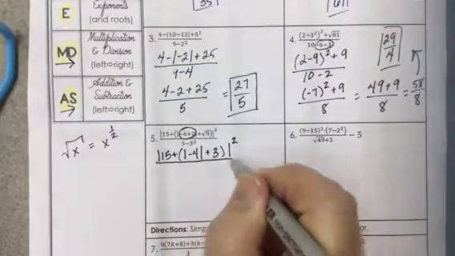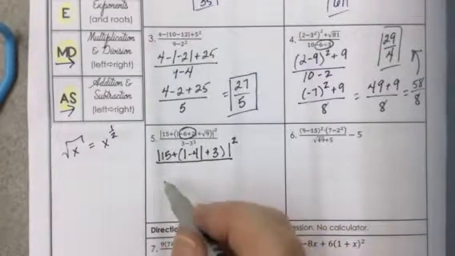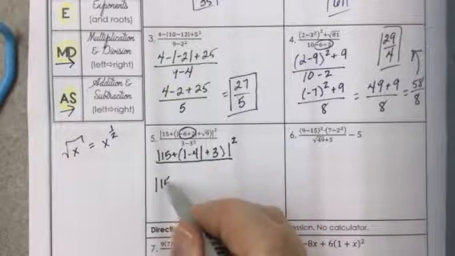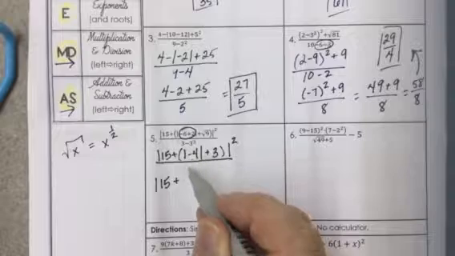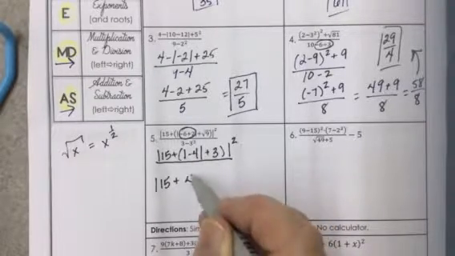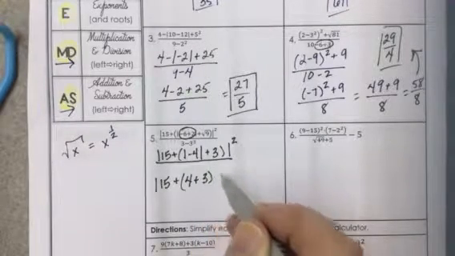I'm going to go ahead and put the fraction bar and leave the denominator for a minute. Then I've got the absolute value of 15 plus, the absolute value of 4 is 4. I mean, -4 is 4. It's within parentheses, so I got to keep that.